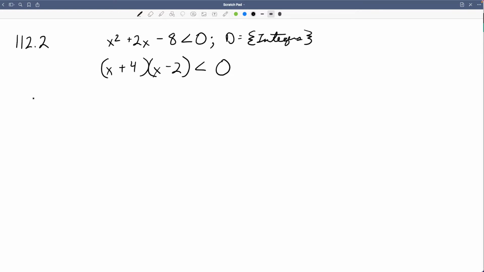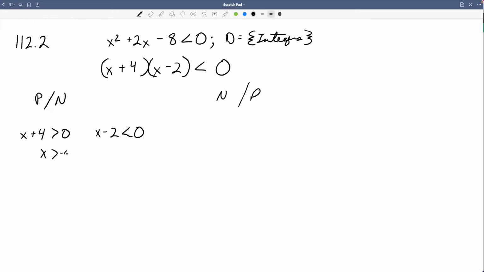Now we're going to set this up as positive, negative, and the reverse, negative, positive. My positive, negative is going to be x plus 4 greater than 0, and x minus 2 less than 0.